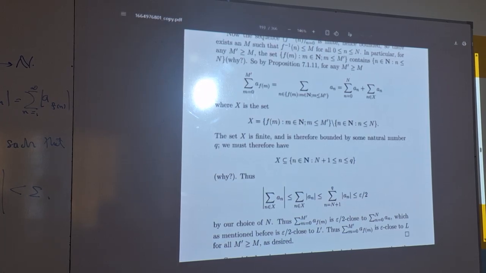Thus, sigma n belongs to x is less than or equal to sigma of mod a n over x, less than or equal to the sum from n plus 1 to q of mod a n, less than epsilon by 2, he says, by our choice of N. Thus, the sum from n going 0 to capital N dash of a n is epsilon close to a n, which as mentioned before is epsilon by 2 close to L dash.